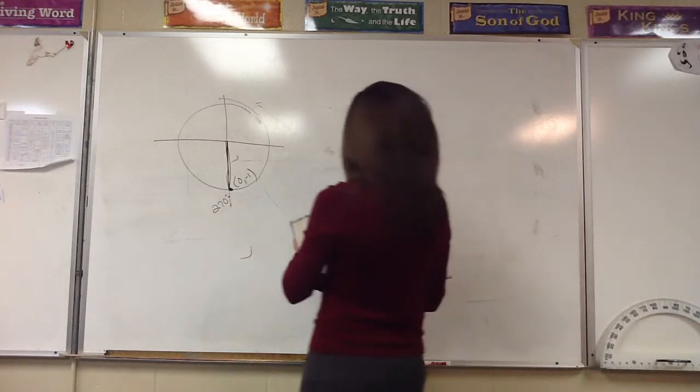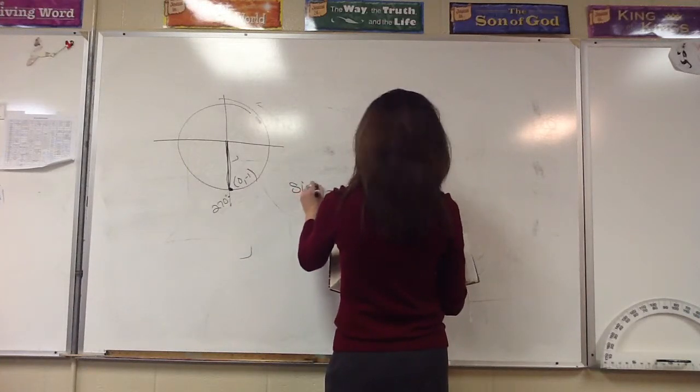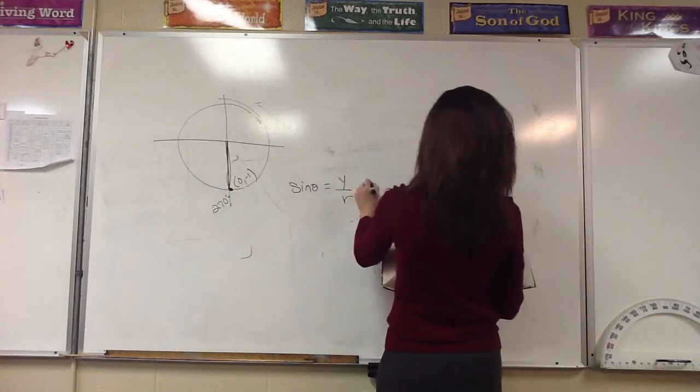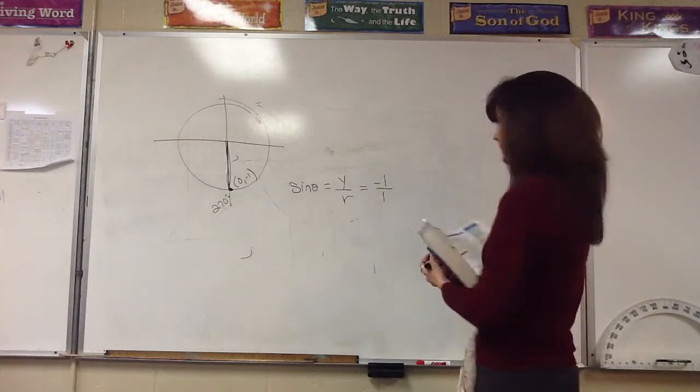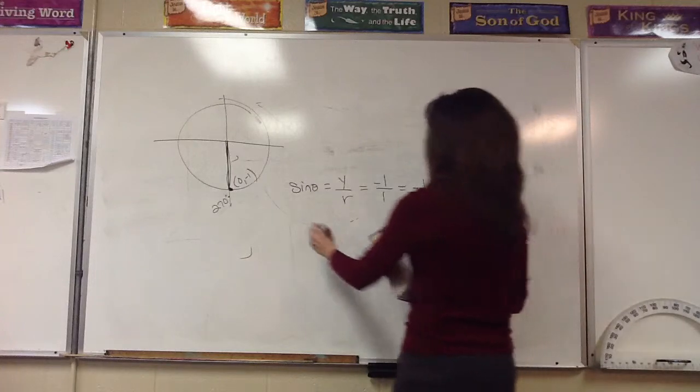So with this, sine of theta is going to be equal to y over r, which is -1 over +1, and that would equal -1.